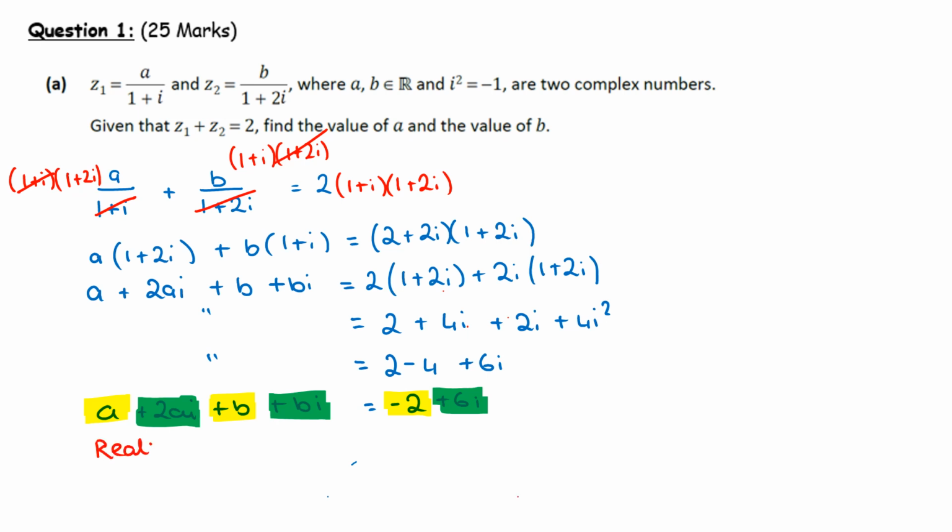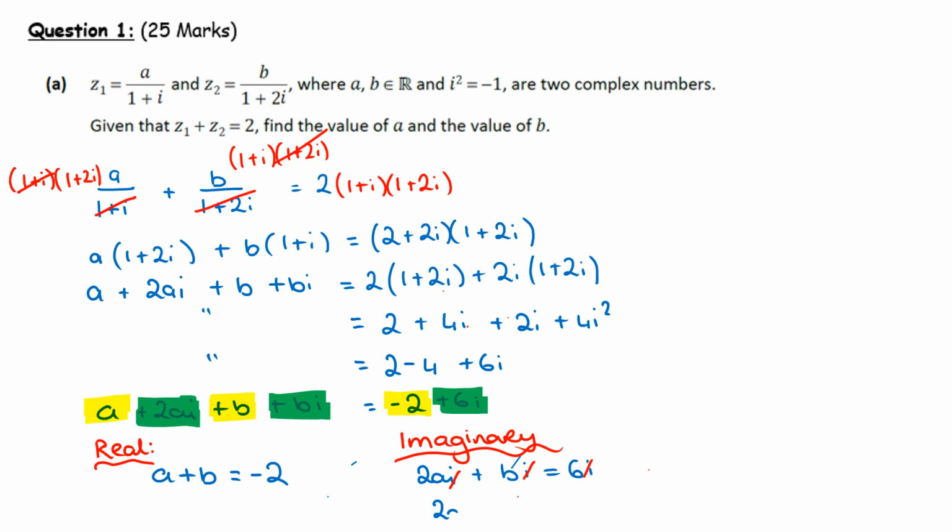With the real we get A plus B equals minus 2. For the imaginary we have 2Ai plus Bi equals 6i. Now the i's can be cancelled or divided, and we get 2A plus B equals 6.